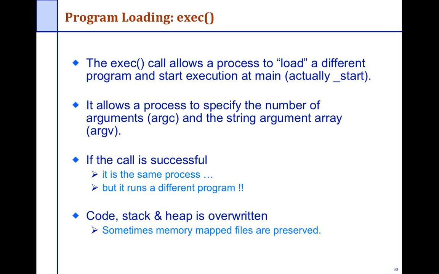But with exec, that foo need not be. Foo can be a whole different separate program that exists in your system, and when exec calls it, foo gets called in and then overwrites the current process. The code, the stack, and the heap are all overwritten. The text page comes from wherever foo resides.